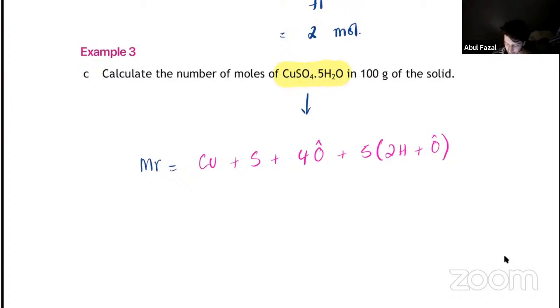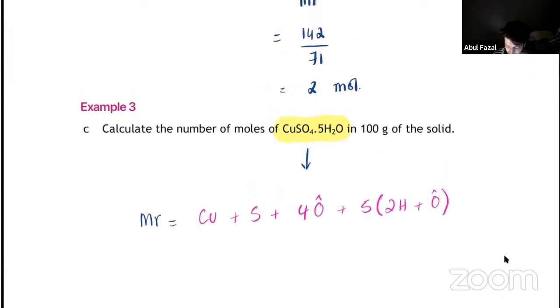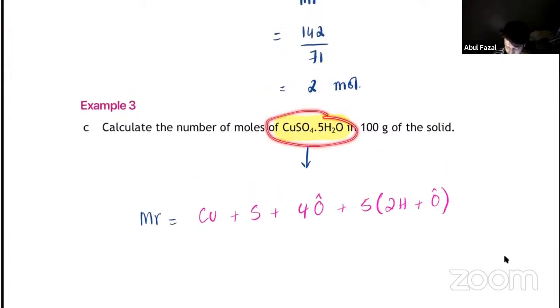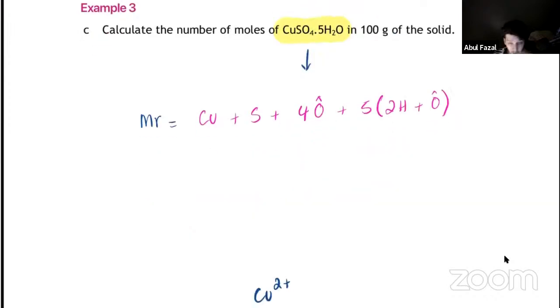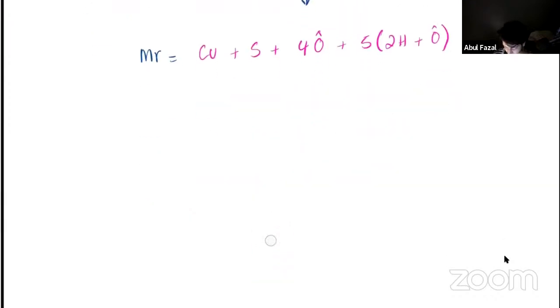That's the only difference. There are different words for it. Sometimes they'll say copper sulfate crystals, like how it's written in the question. Another way of referring to crystals is hydrated copper sulfate, which makes sense because it's just water with it.